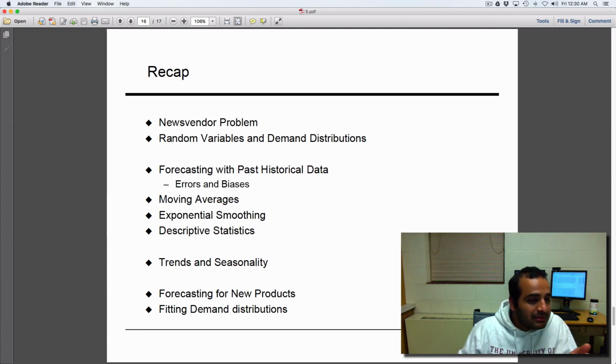We looked at trend and seasonality, and we learned how to forecast new products and how to fit demand distributions. We'll cover more details in the next couple of weeks, and we'll build our whole problem around this newsvendor model for the most part.